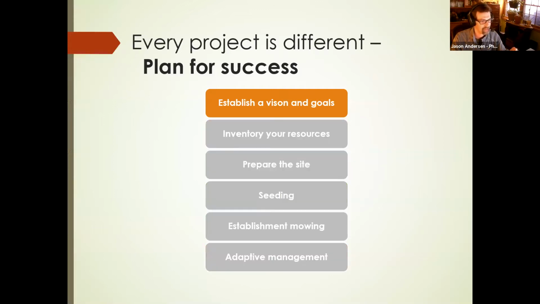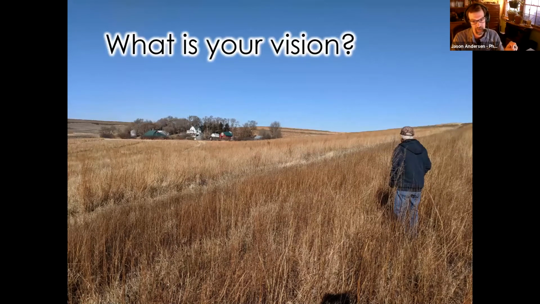So this is my signpost. I'm just going to skip through some of this here real quick, but I just want to talk about having goals. So Cait talked about having a journal and keeping track of things, but also keep in mind, think about what you really want to do with your planting. So this is another landowner in Shelby County. This is an 80-acre farm that he manages exclusively for upland game habitat because he likes to hunt it with his kids.